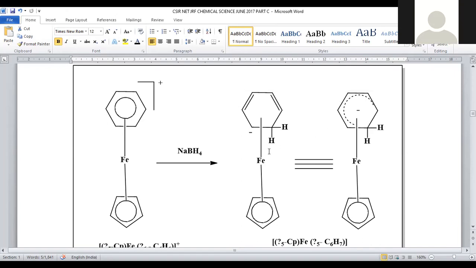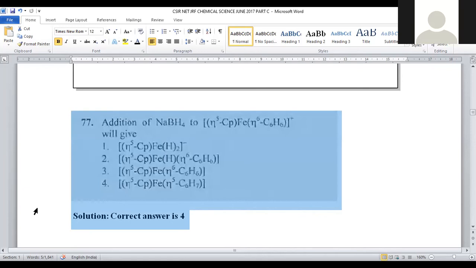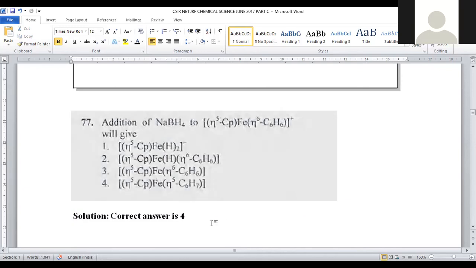So the correct option will be (η5-Cp)Fe(η5-C6H7). One hydride ion is added to the benzene ring. For question number 77, option number 4 will be the right answer.